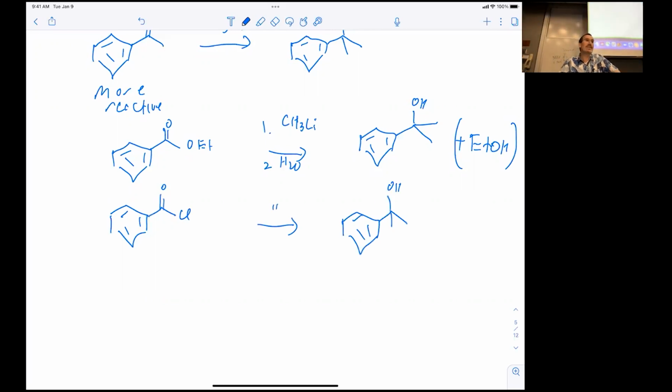In other words, it's really not going to stop at one equivalent. Your textbook kind of gives you the simple answer on carboxylic acids, which is that organometallic reagents, specifically organolithium, deprotonate them. That's the simple answer. You get the carboxylate salt.